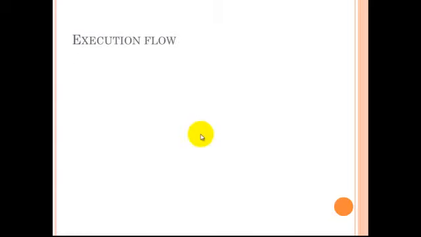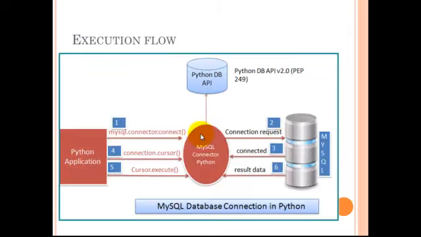Let us go further. Flow of execution, how it happens. First of all, the Python application requests to get connected with the database. The MySQL connector will communicate the connection request to the database. Once the database is identified, the response of the connection will be given back to the application via the connector. Now the application will load the cursor to handle your database information in the form of a query.